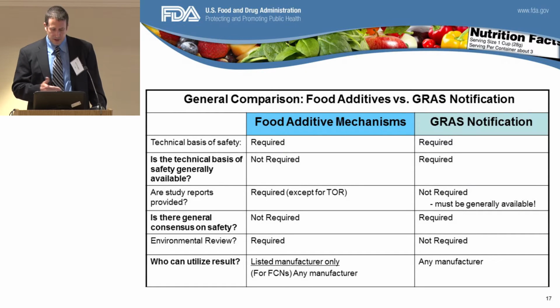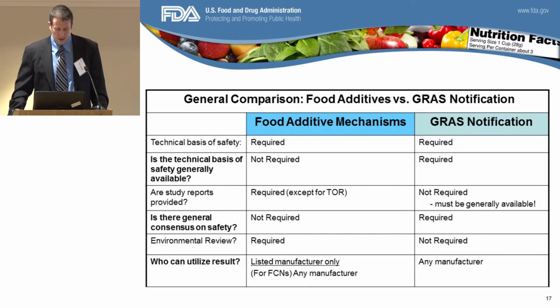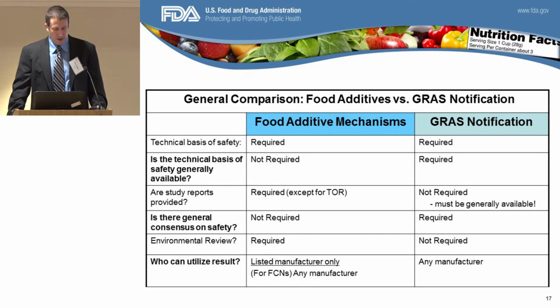Also, the difference between GRAS notification and food additive mechanisms. There are some differences. As I said before, the technical basis of safety has to be generally available for a GRAS notification or for self-GRAS determination, not so for food additives. There has to be a general consensus on safety, a truly public general consensus on safety, for GRAS substances and for GRAS notifications, not so for food additives.